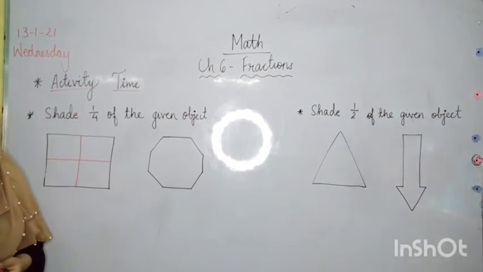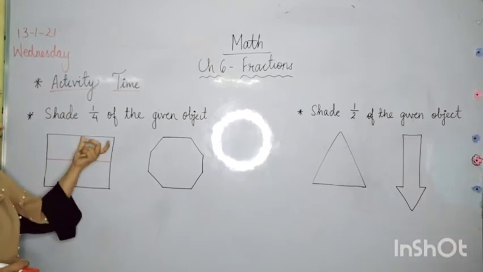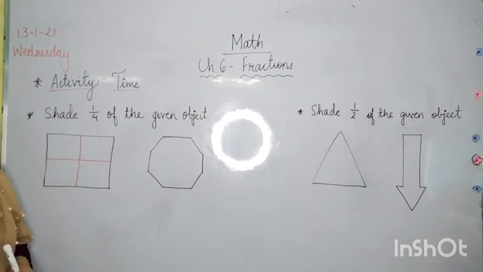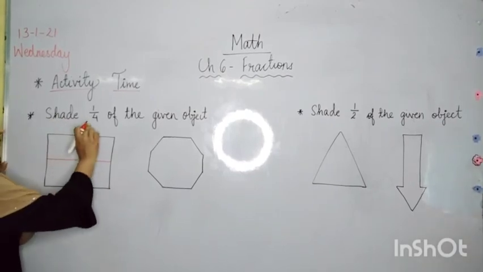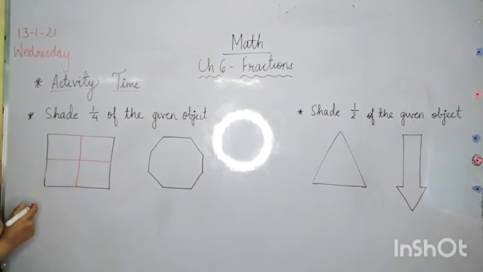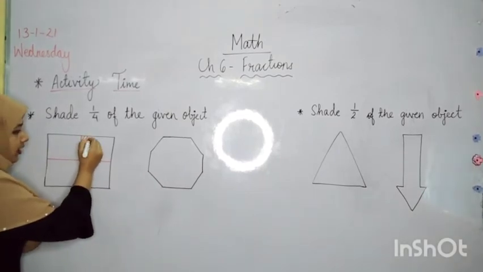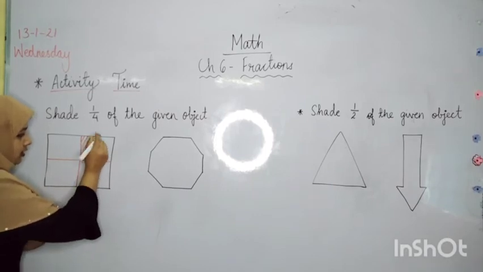What did I tell you all? One part of these 4 parts is called 1/4 or quarter. 1/4 is also known as quarter. So when it is written 1/4, how many parts am I going to shade? Can anybody guess? Yes, I will shade only one part of the object.